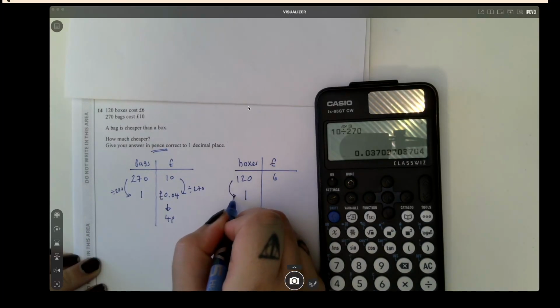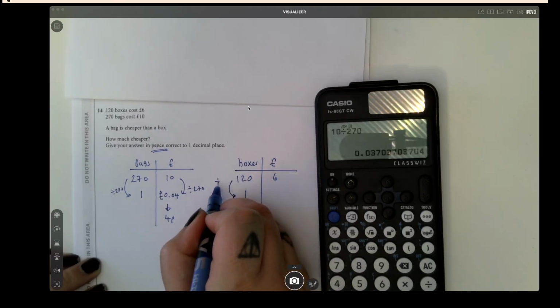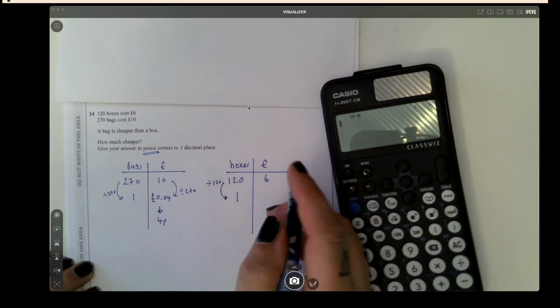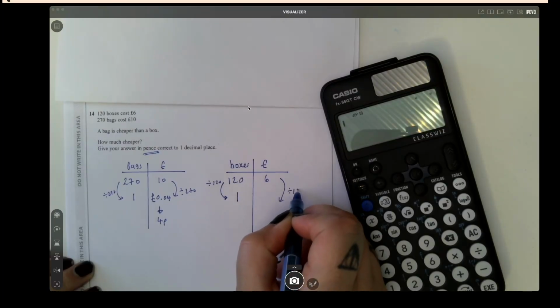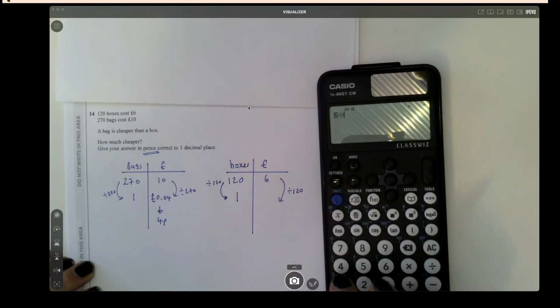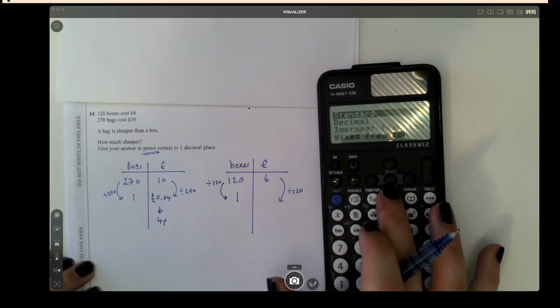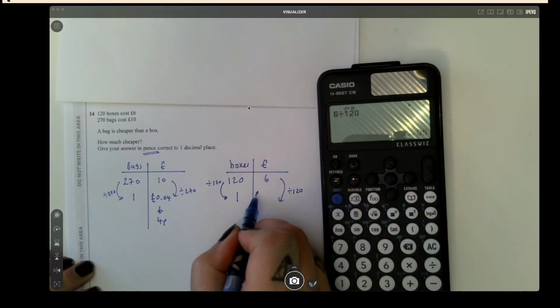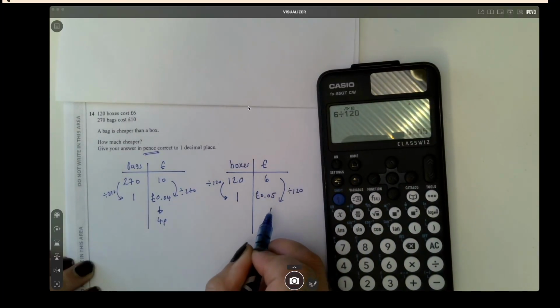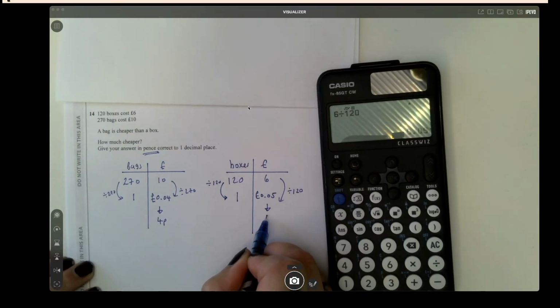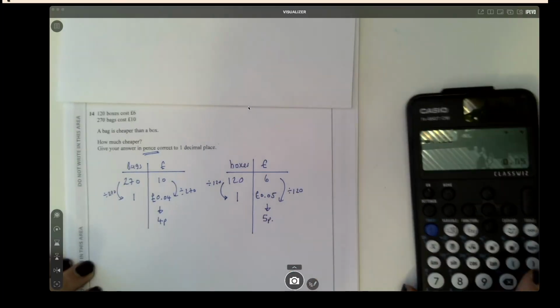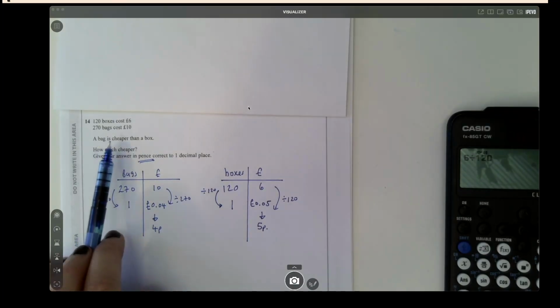Let's do the same over here. So we want 1, so we're going to divide by 120. So 6 divided by 120 is 0.05 pounds, which is 5 pence. So a bag is cheaper than a box.